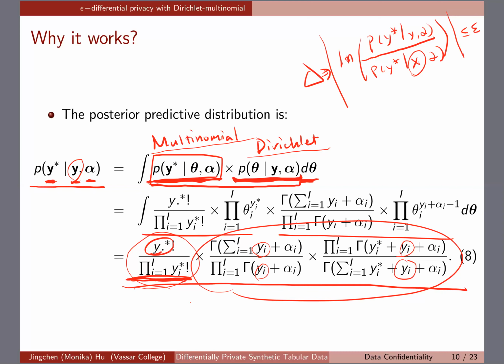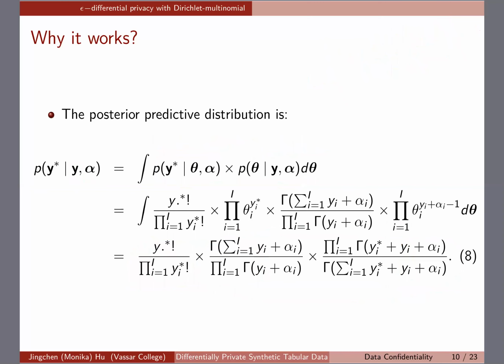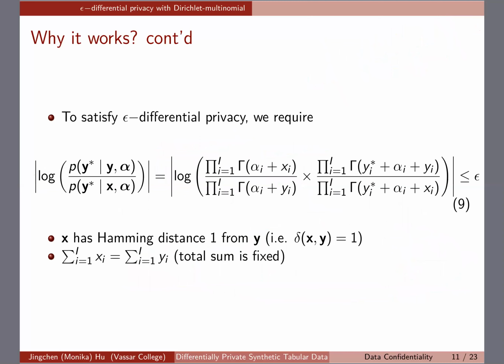Make sense overall? There's a lot of math going on, I agree, but the general story is not that complicated, okay? So we take the ratio, take the log, like I said, and then you're left with this, okay? And you need to bound it above by epsilon, by the definition, okay?